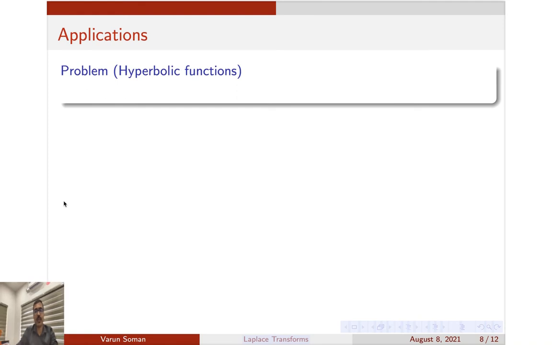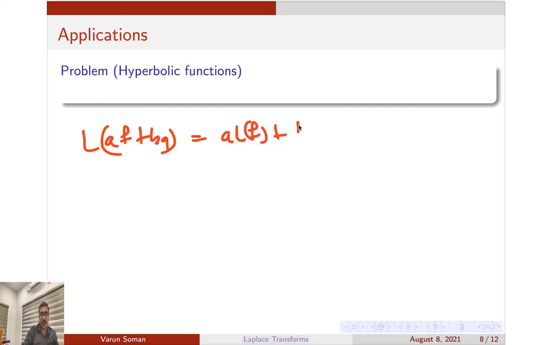Suppose I need to show that L of af plus bg is equal to a times L of f plus b times L of g. Actually, this follows from the linearity of integrals only. So what is L of af plus bg?